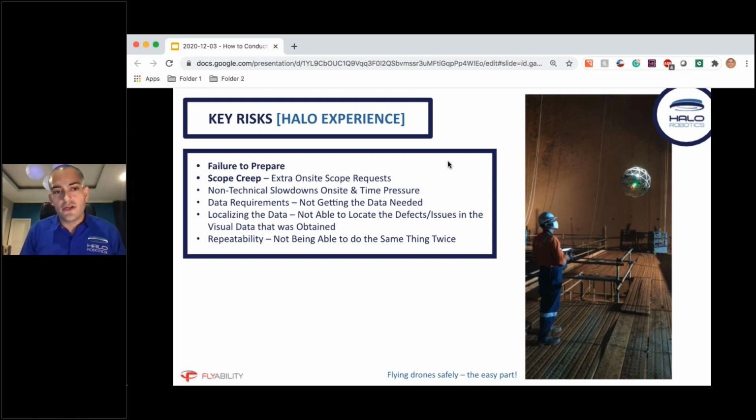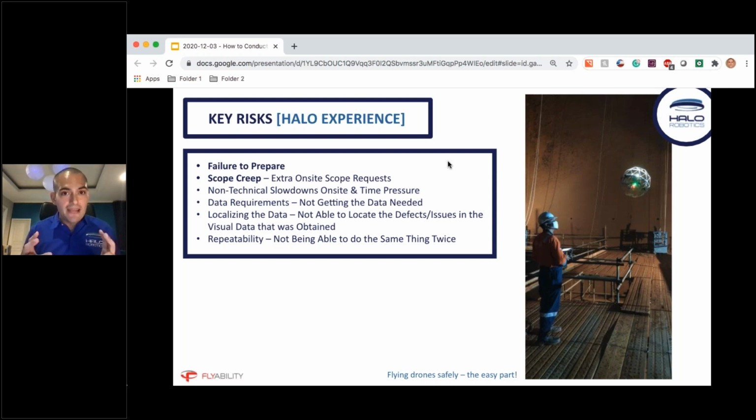Some of the other risks, in terms of time management, include non-technical slowdowns on site and time pressure. One of the things about high-risk environments is they're typically asset-intensive environments where there's a lot of high-value assets, and therefore a lot of restrictions in terms of site access, even within the site, actually going to the specific asset and doing an inspection there. There are typically equipment inspections or checks that need to be done.